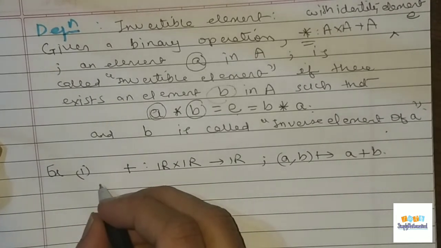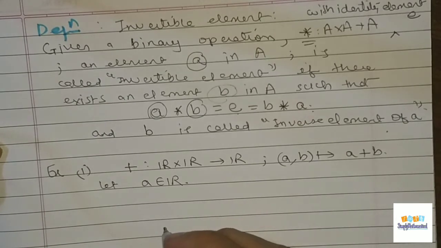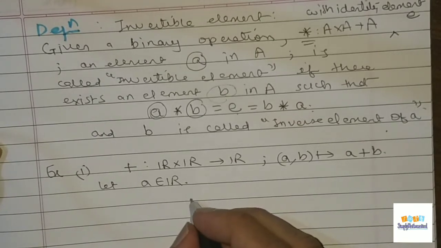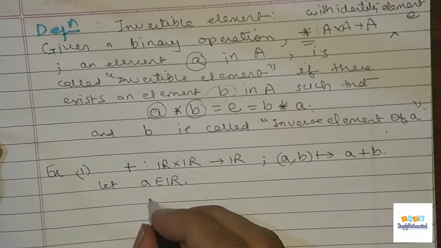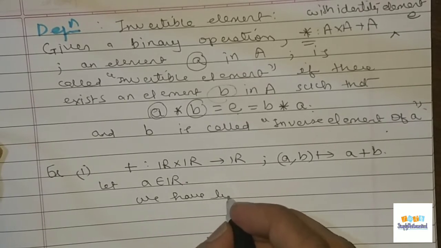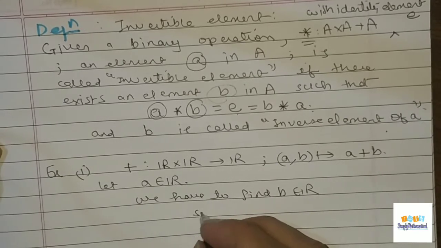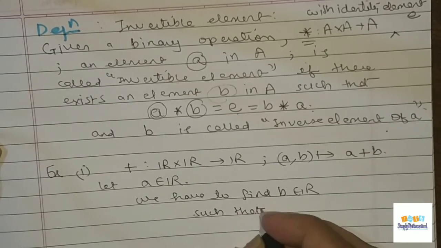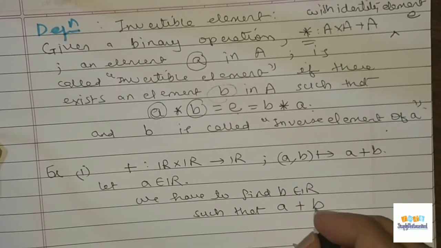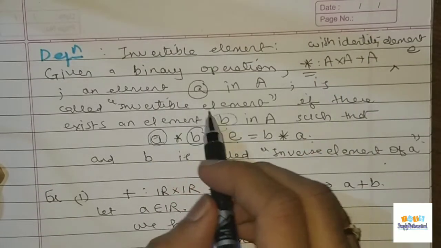So let A belong to R. Now what we have to find is B which belongs to R such that A plus B is equal to E.